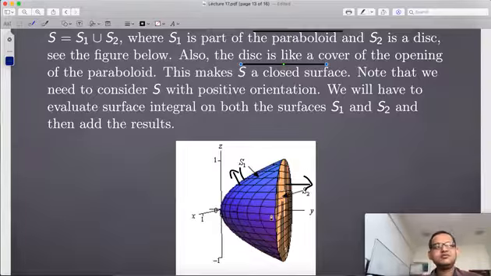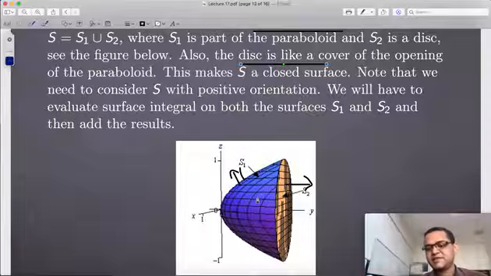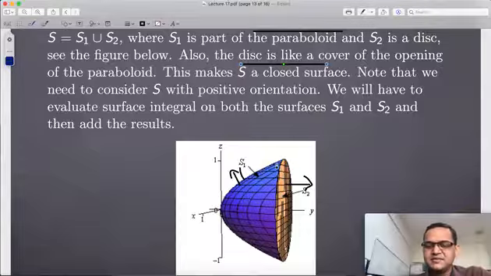I need to do this because, in order to understand the positive orientation here, I need to consider the solid enclosed by the surface, and the surface is made of two things. So now I have a closed surface, and you also know that it is with positive orientation.